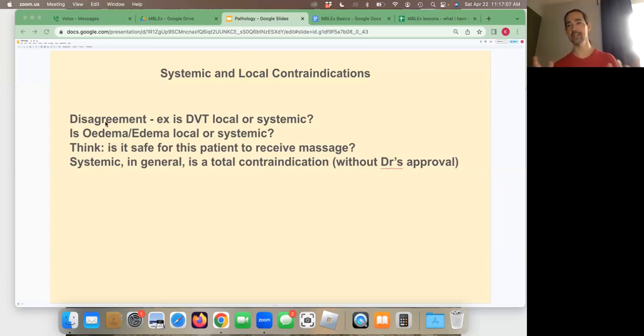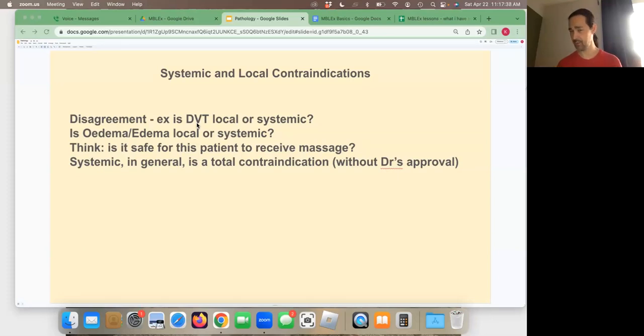There's disagreement in this area, just like there's disagreement in how many body systems there are, or lots of things in medicine, and you are practicing medicine. You're not allowed to say medicine legally, but you are practicing medicine. There's disagreement about what is local versus systemic. So DVT is a good example, a deep vein thrombosis. Is that local? Those usually happen in the leg.